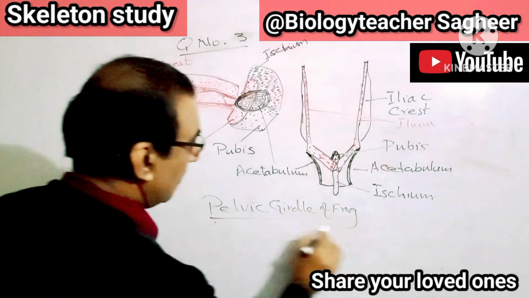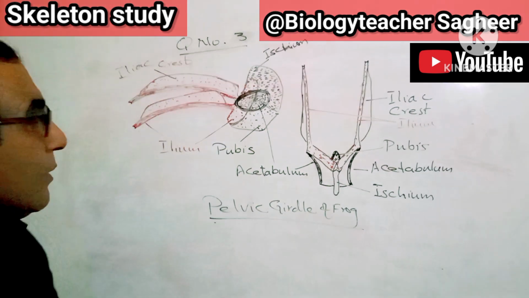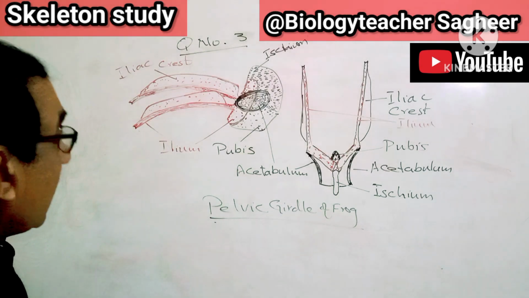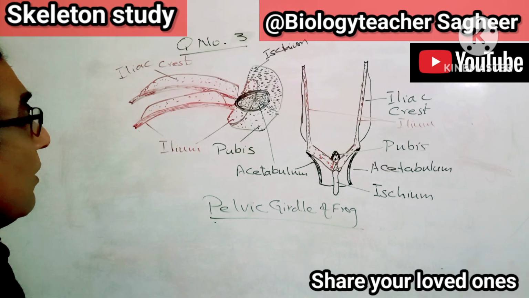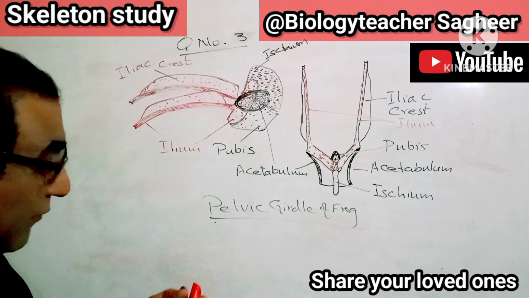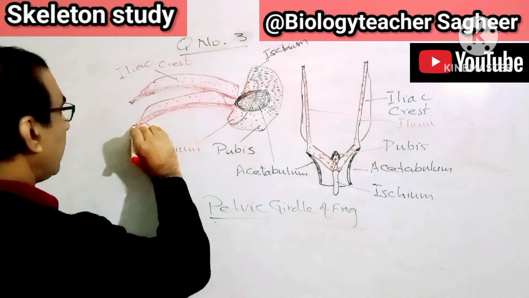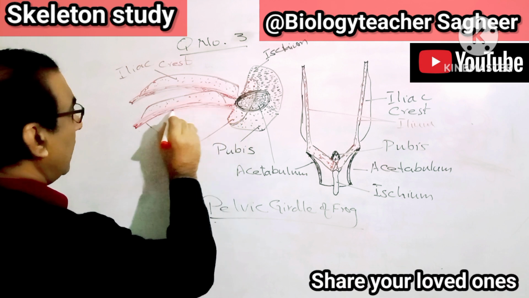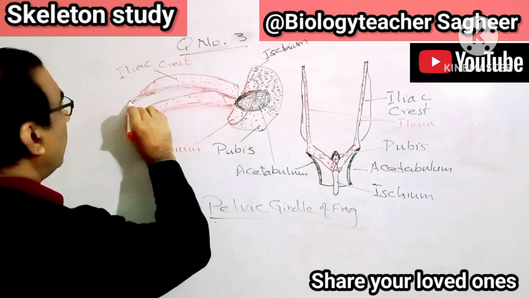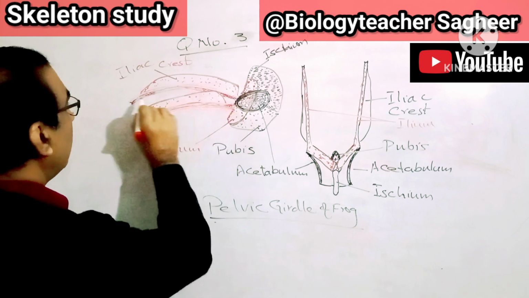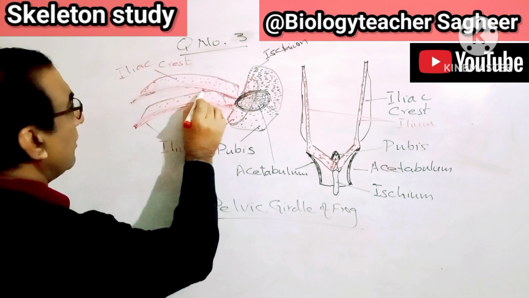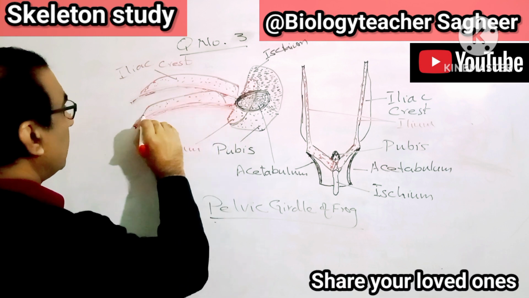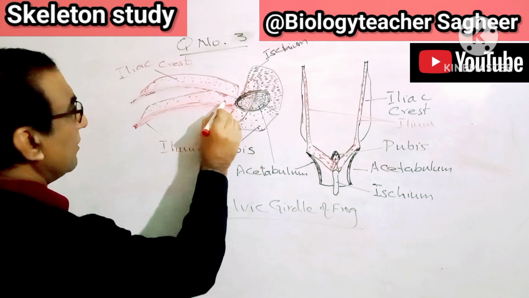So all this is about how to draw the pelvic girdle of frog. You have to start from here. Okay, here, like this, and then from here, like this. Okay, this is the iliac crest.